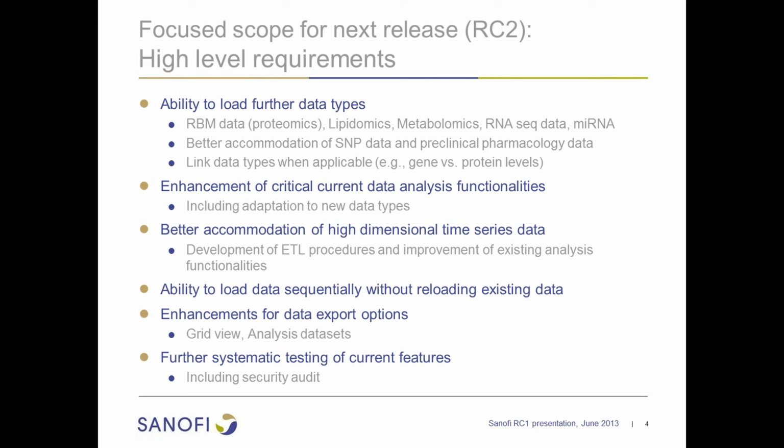But we have some elements that can be shared. One point is to enhance the capabilities to load other data types, like the RBM data, but currently Charlotte is working with Eugene from Thomson Reuters, for instance, to really have the capabilities to store this data and to use them.